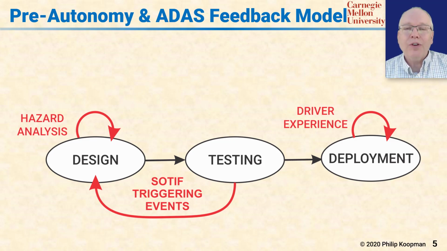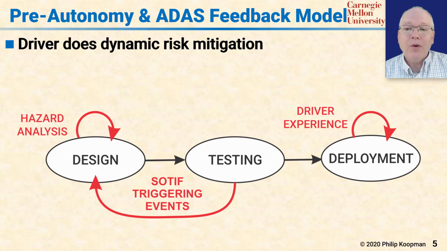And the driver learns with experience, so the more experience they have, the more likely they are to be successful at mitigation. However, at some point, there are things that drivers simply cannot mitigate. And there are some tasks that drivers are bad at, for example, continued high vigilance when nothing's really going on. So the other thing you're going to see is there are going to be mishaps in deployment.